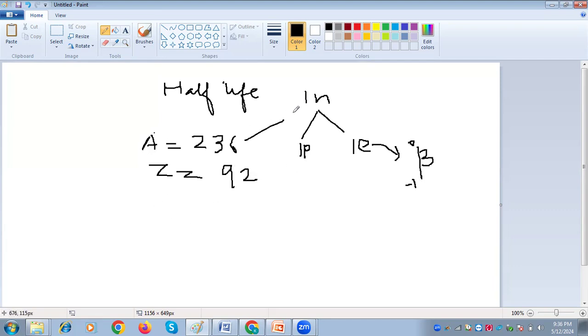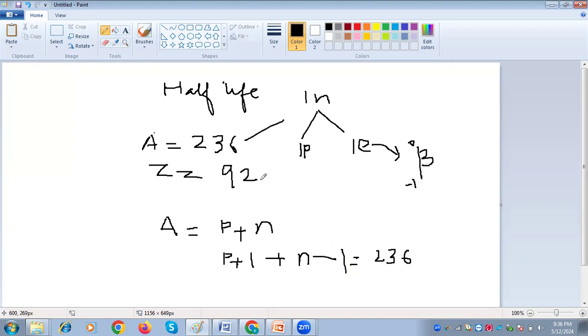So due to the splitting of the neutron, what happens? A is P plus N. One neutron has decayed, but one proton is added, so P is added and N is decreased by 1, because one neutron has become a proton. So A will remain 236.